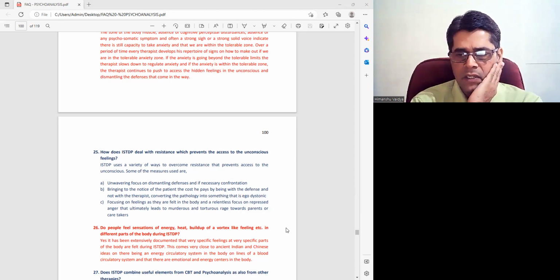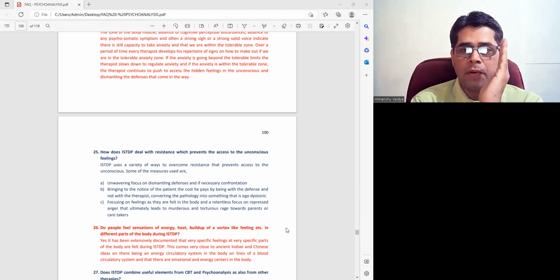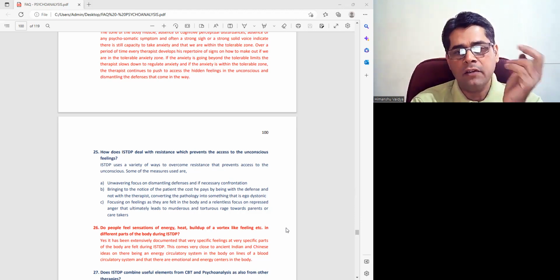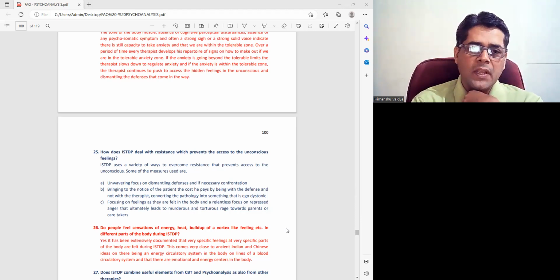Finally, apart from focus, there is the persistence of challenge, and if nothing works, head-on collision. These are the ways the resistance is dealt with. It's partly cognitively dealt with, partly dealt with in terms of cost-benefit analysis of what is happening, partly dealt with by challenge, and lastly, if necessary, by head-on collision.